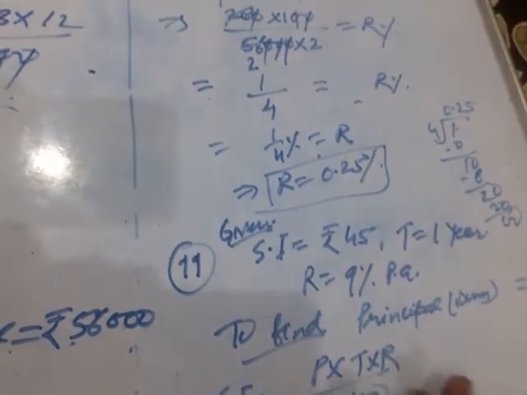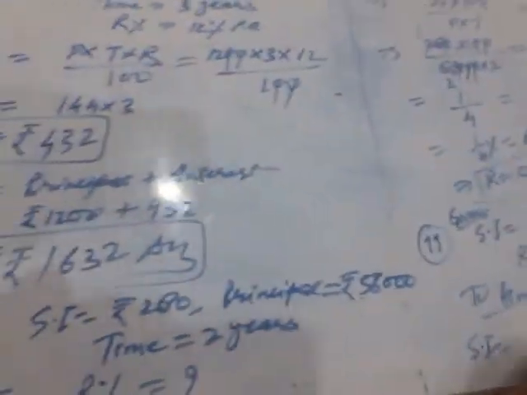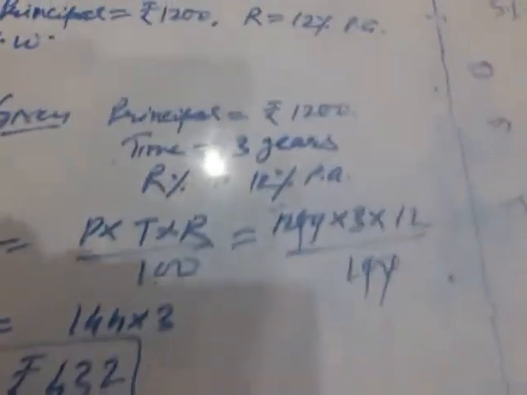Here we have to find out what? Principal we have to find out. Means let us transpose the formula clearly at the beginning only. Then it will be easier for us to calculate it. Let us say SI equals P into T into R upon 100.